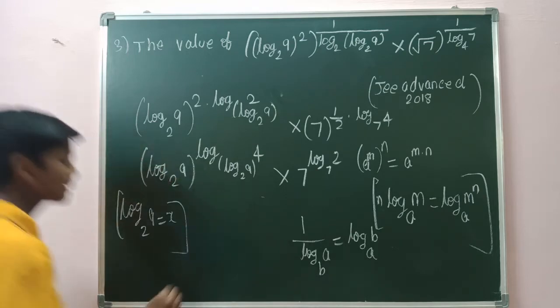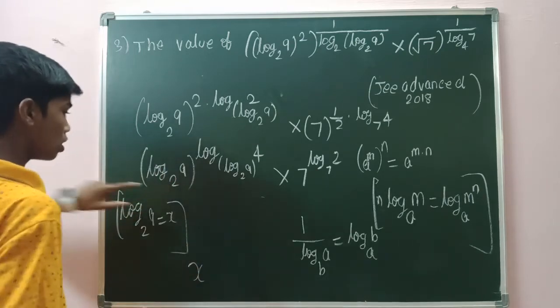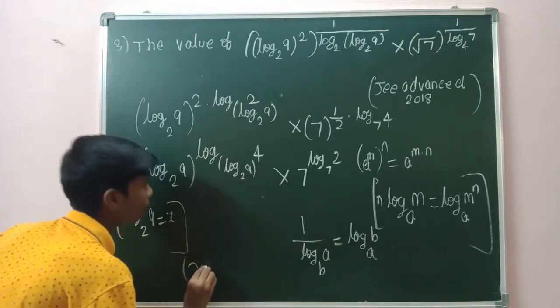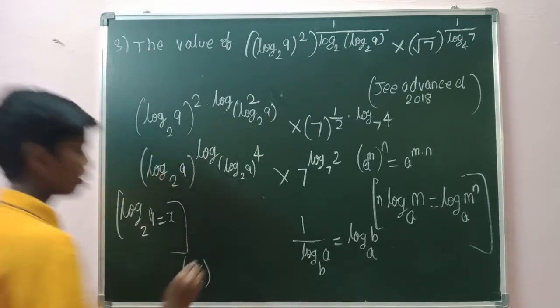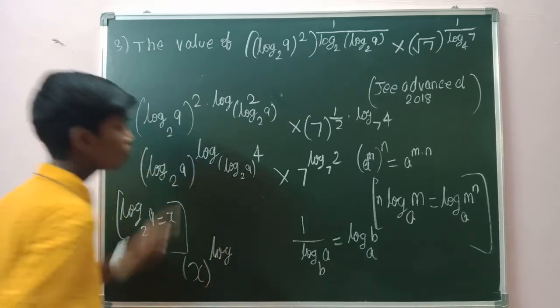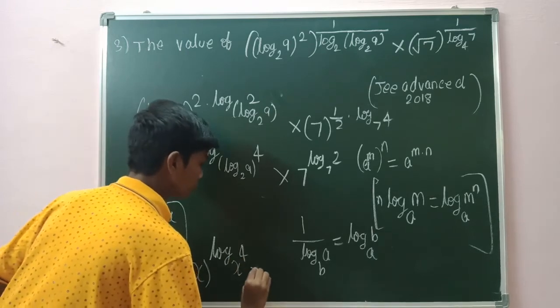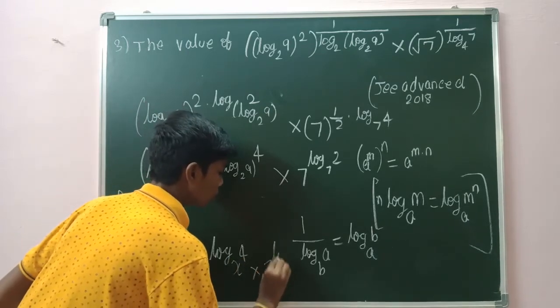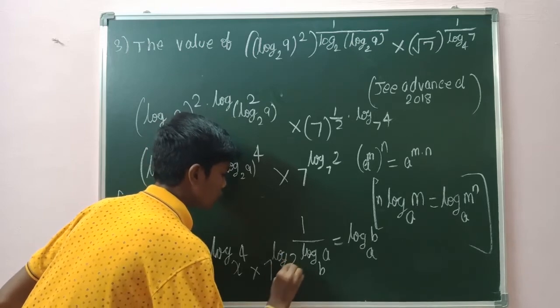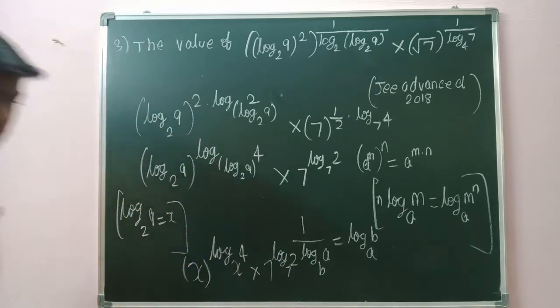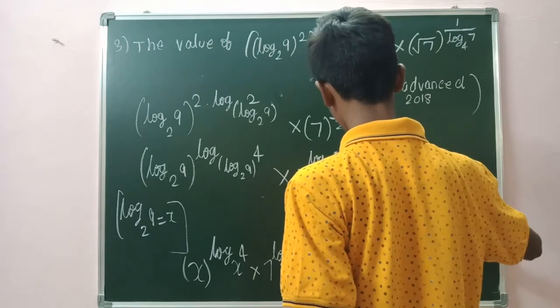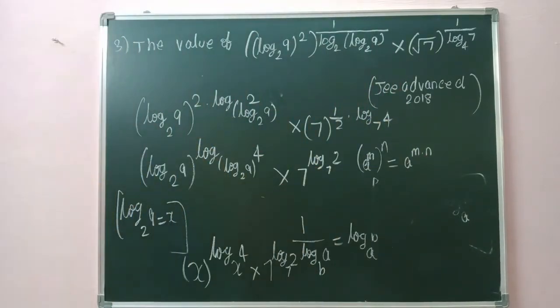So then when I take this as x, I can write the same log as log to the base 2 of 9 is x, therefore it will be x power log to the base x of 4 into 7 power log to the base 7 of 2. This is what I will be left out. Okay, so I'll wrap this. 1 minute people. This is what I will be left out.